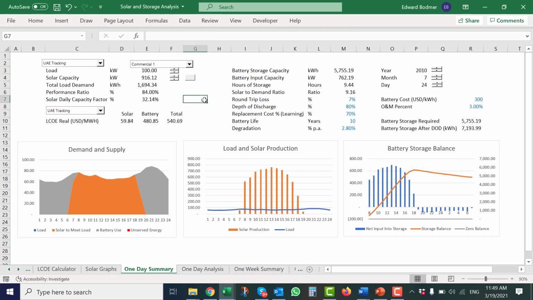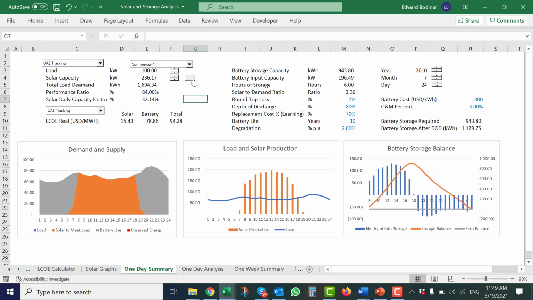Okay, and then, oh, it's 5:30, don't worry about that. And then we go down and we do our goal seek, and we see that we need fewer batteries, and it's still giving us 9 US cents because the battery cost is so much higher than this.